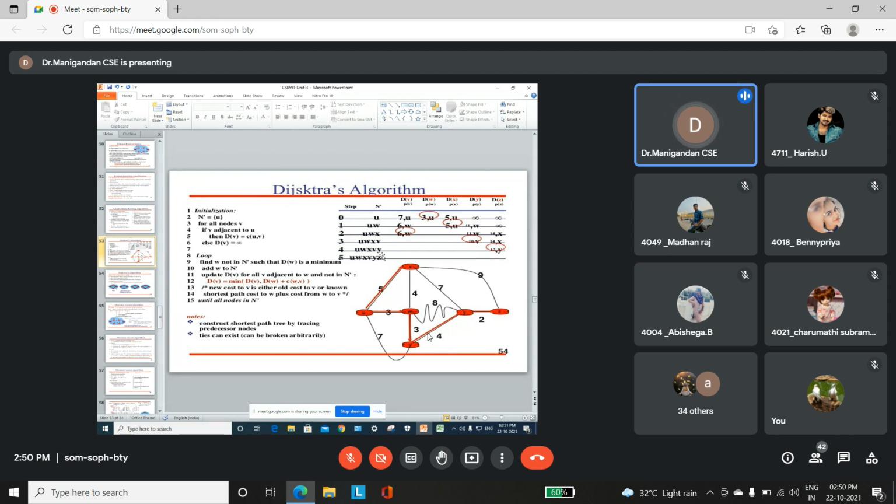So finally with the 5 nodes, this is how we find the shortest path between the source and destination, from the starting node to the ending node. This algorithm is used to find the shortest path between the source and destination.